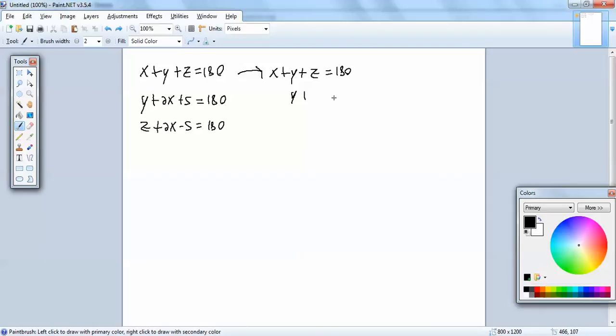Try that again. 2x has to go here. The x's want to line up. 2x plus y is equal to 175. In this one, I got 2x plus z, and take the negative 5 over, and it gives us 185.